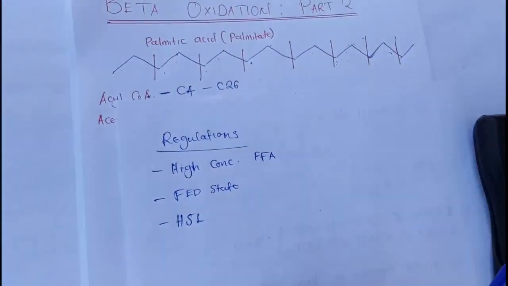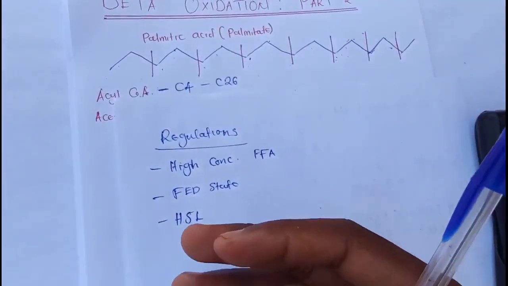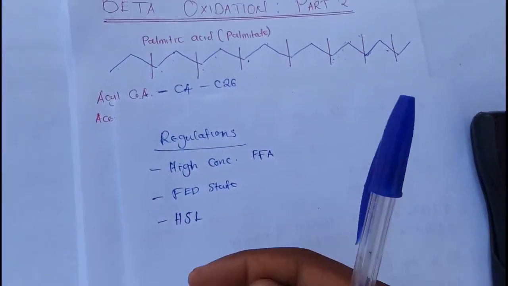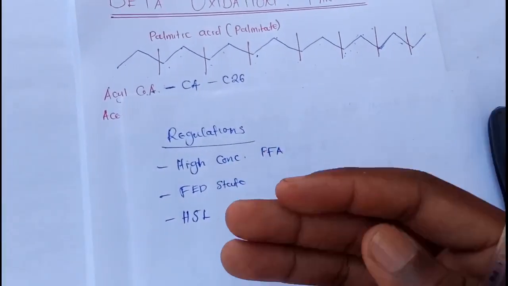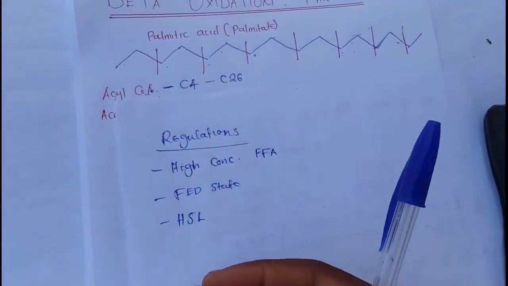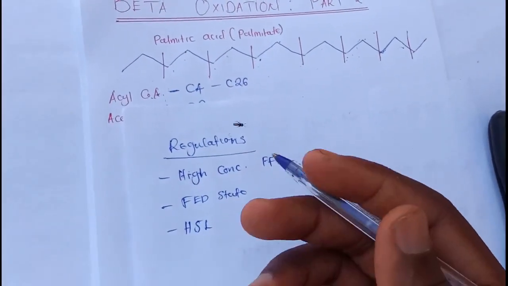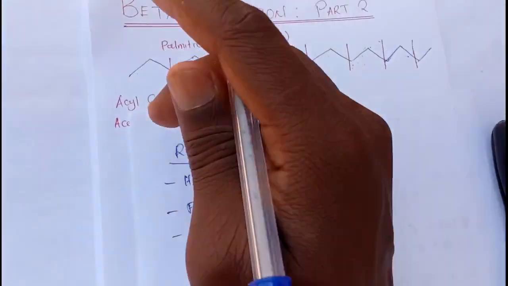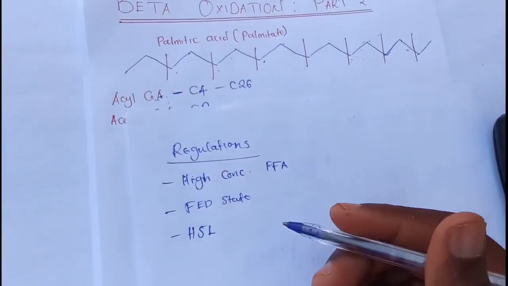So whenever you have a lot of ATPs, insulin will come to lower the beta oxidation, and whenever you have low ATPs, we need glucagon to come and increase the amount of ATPs.